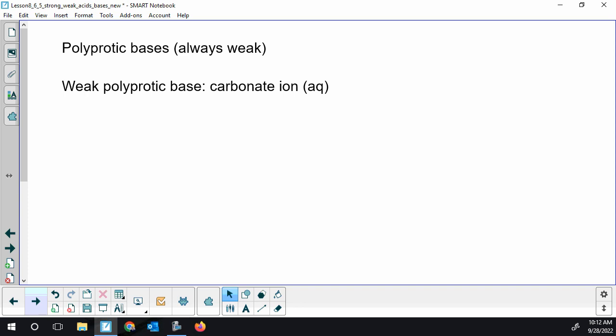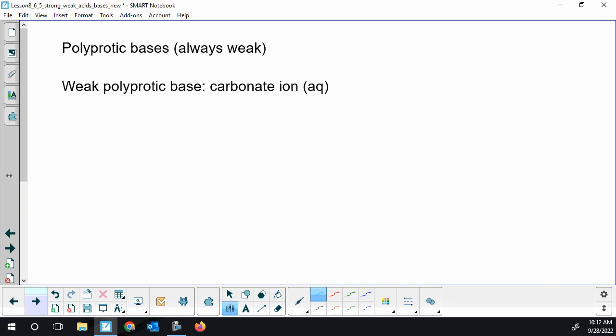But polyprotic bases take in 1 H. When that's done, they take in a second. And there are no strong examples. So we're looking in our weak base section above hydroxide in the base column of our acid base strength table.